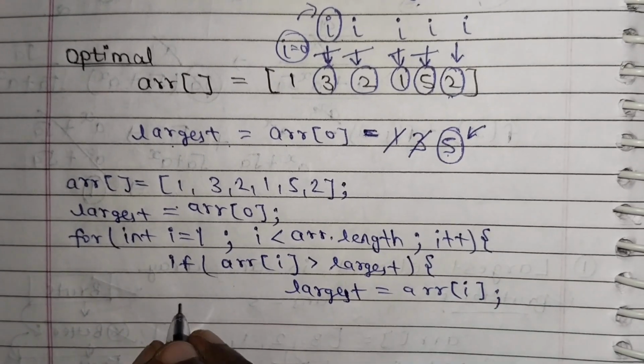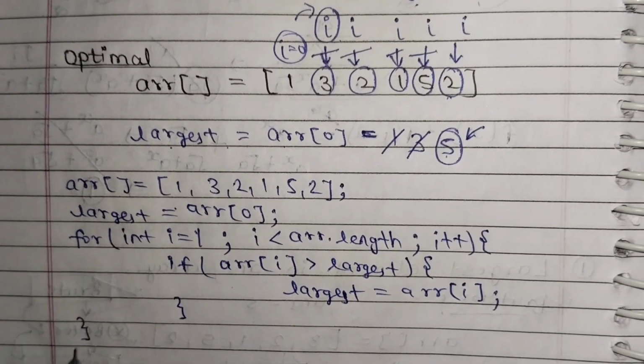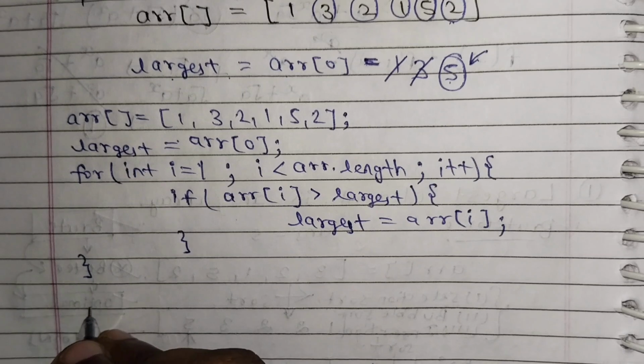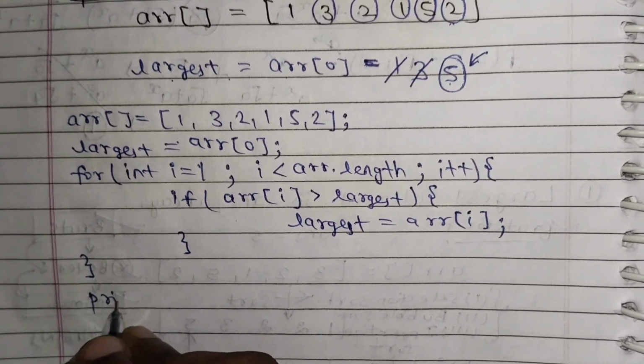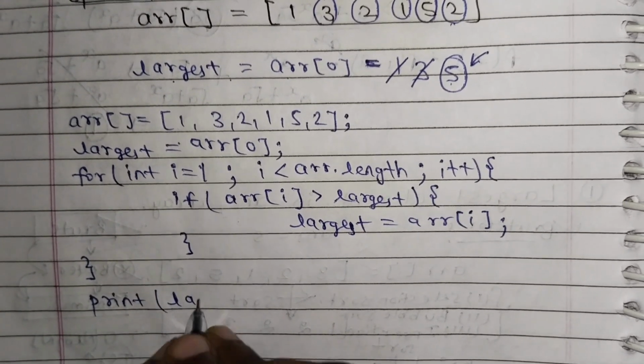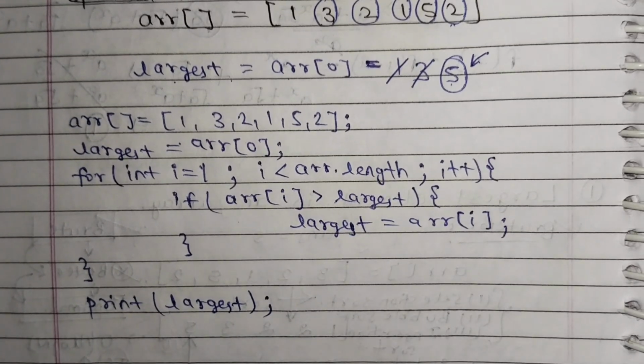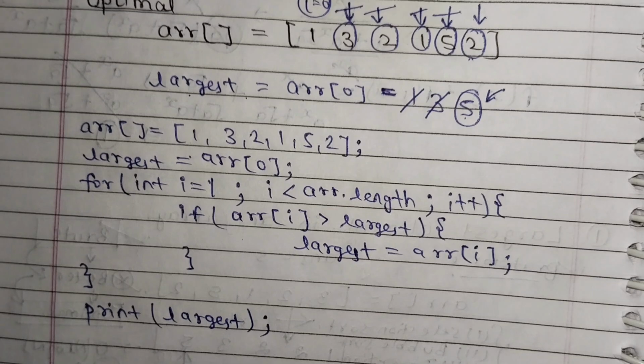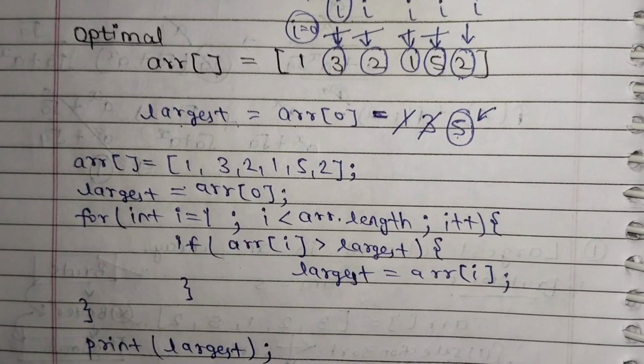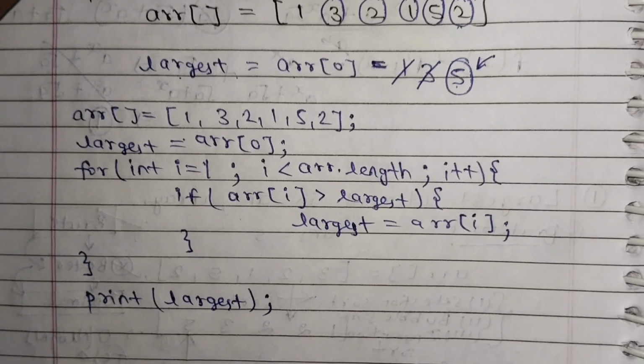And then finally, print largest. So this is the largest element, which is 5. This is the optimal approach for this question, and the brute force approach was already discussed.